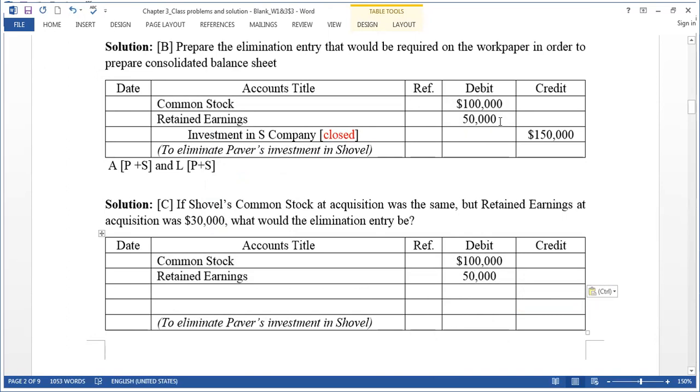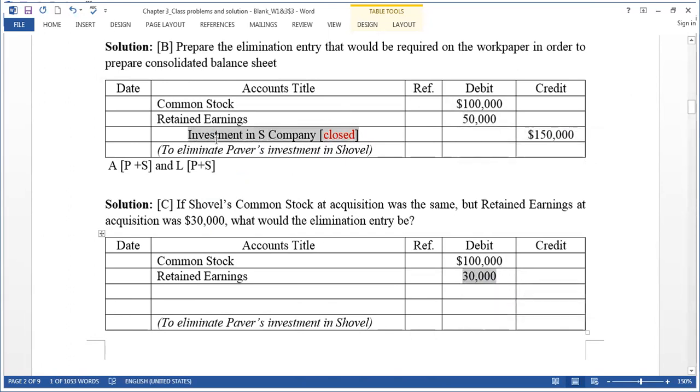Before we had retained earnings $50,000, but requirement C said that it is not 50, it is 30,000. Do you understand? We close common stock $100,000 and we close retained earnings $30,000. Before it was 50, now instead of 50 it is 30.